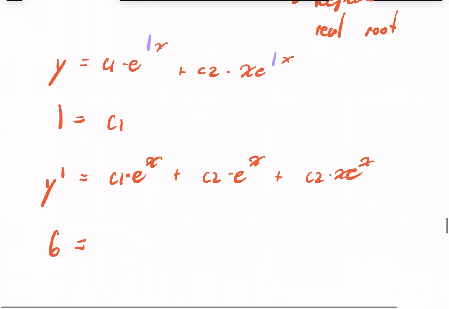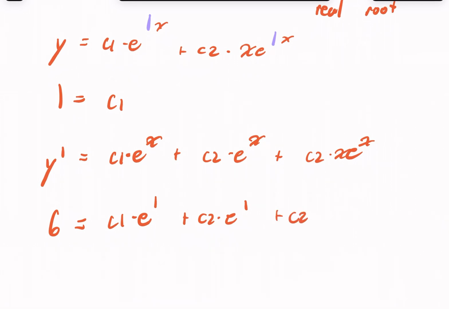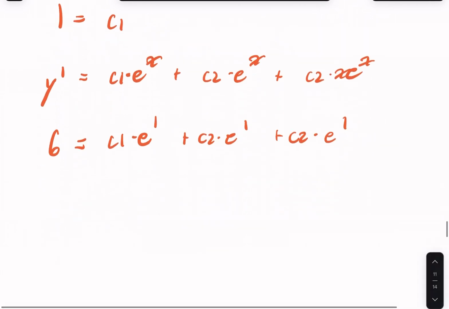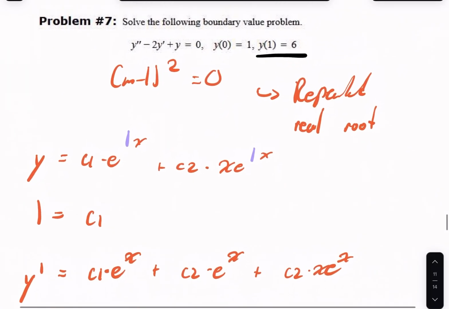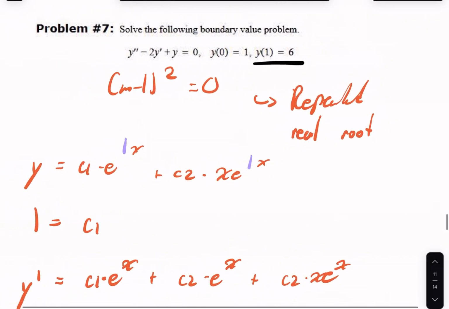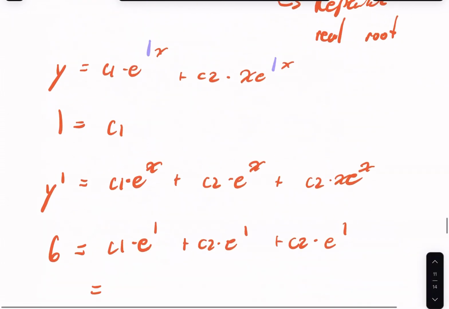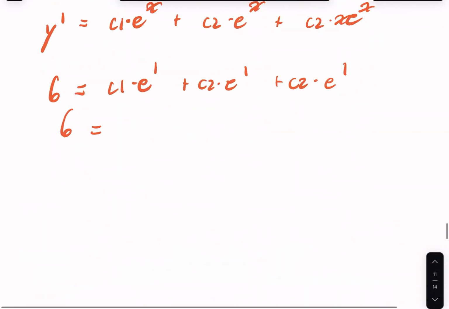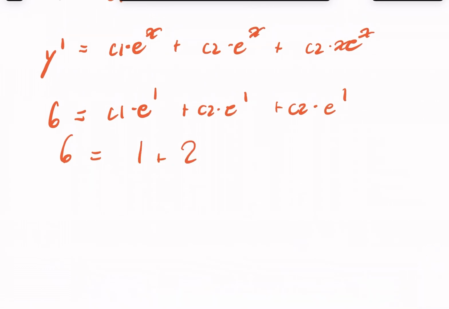So 6 equals c1 times e to the 1 plus c2 times e to the 1 plus c2 times e to the 1. So we get, hold on. Something's up here, guys. I'm going to continue solving here, but I know something's wrong. Because I'm going to get 1 plus 2 c2, right?